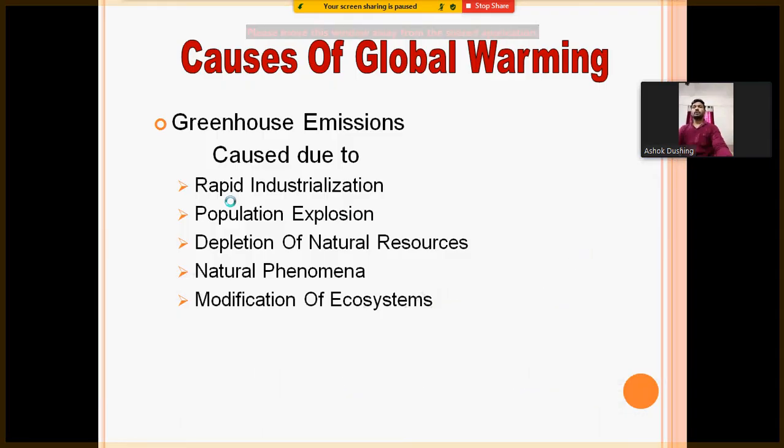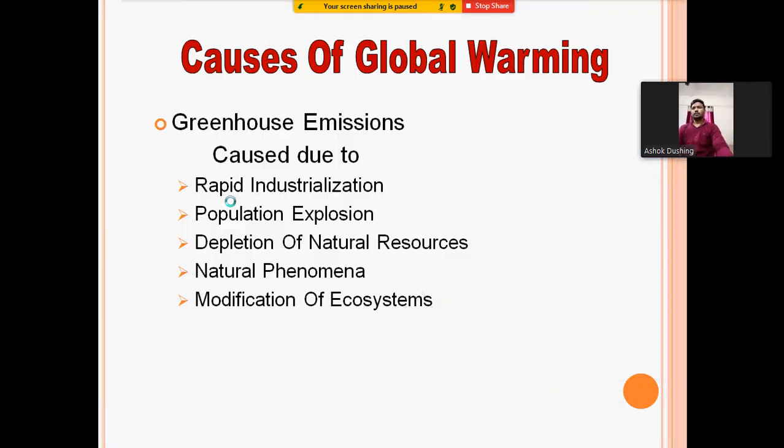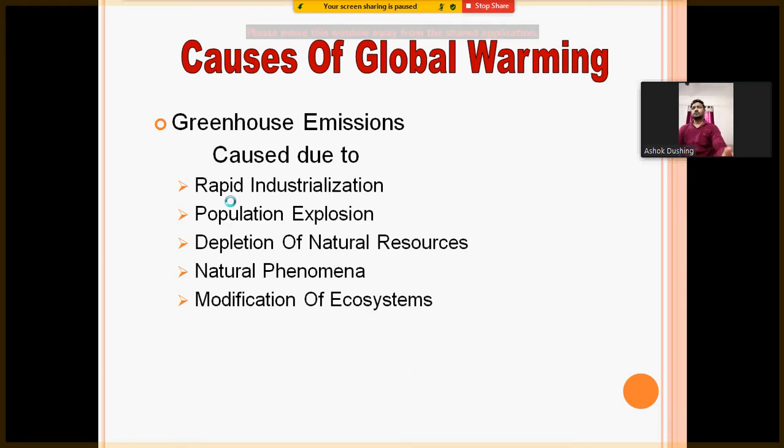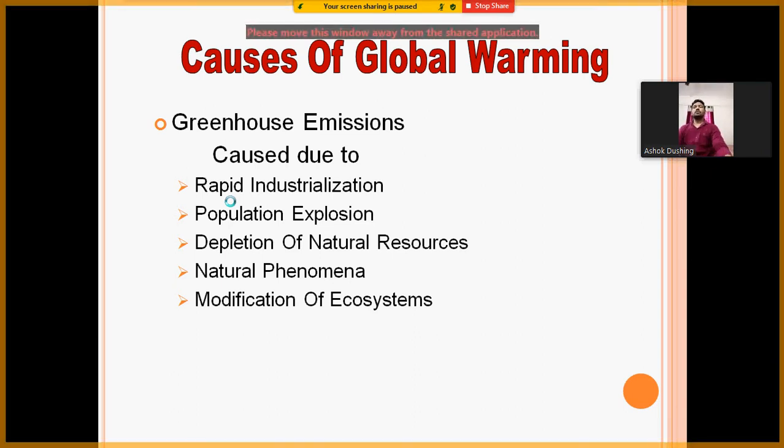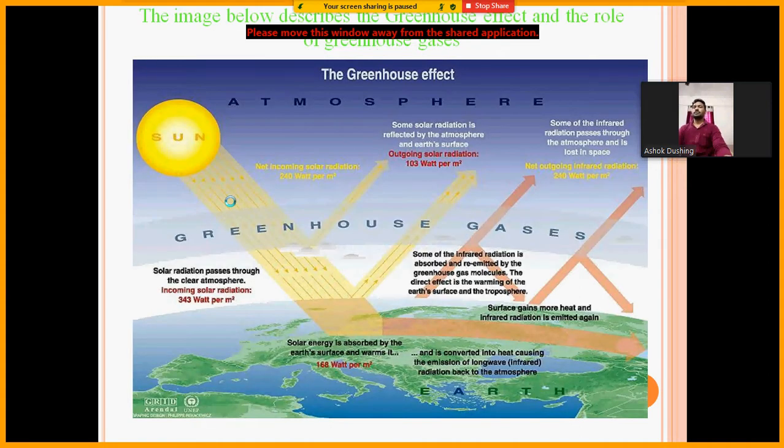So, causes of global warming. Greenhouse emission caused due to rapid industrialization, population explosion, depletion of natural resources, natural phenomena, then modification of ecosystems. The greenhouse effect: the solar radiation passes through the clear atmosphere.